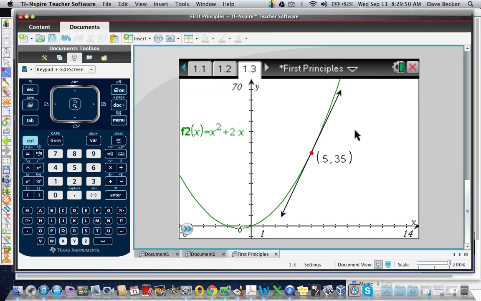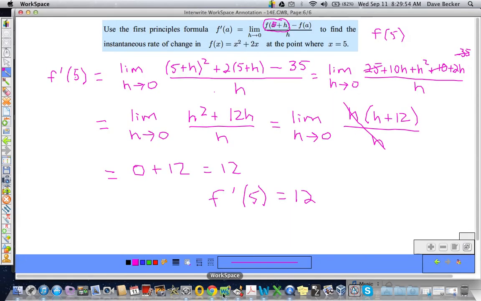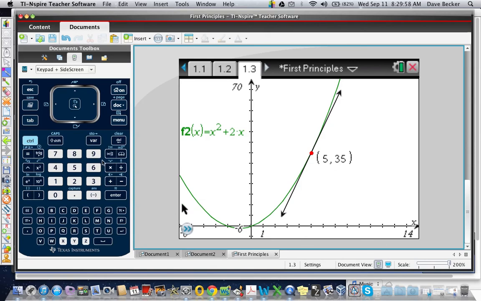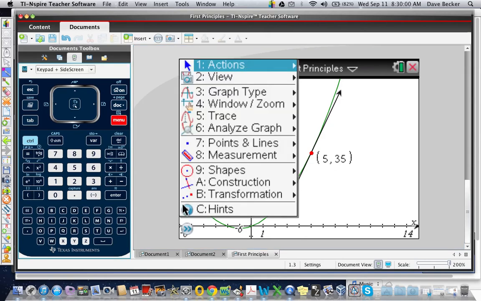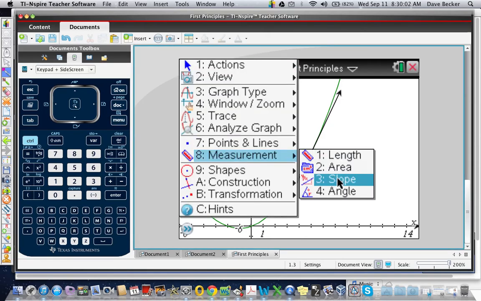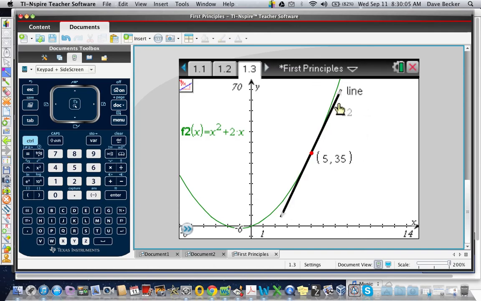So now we just have to measure the slope. Back here, we said that slope is equal to 12. Let's see how well we did. I'm going to go Menu, Measurement, Slope. Are you ready for this? I'm going to select the line. It's finding the slope of that line. I'm moving it. Kapow! It is 12.